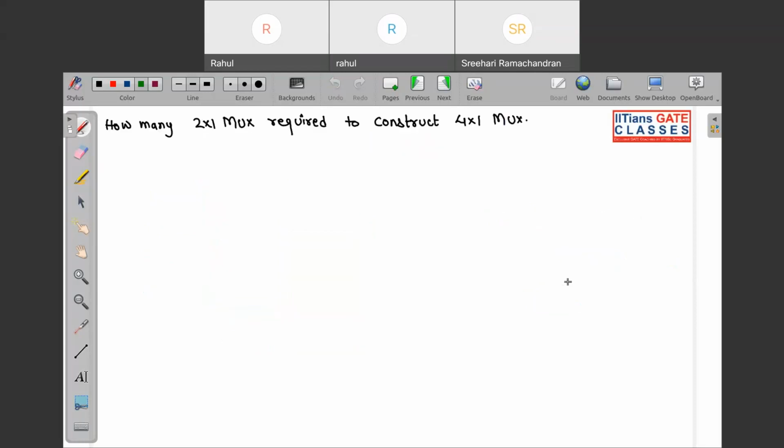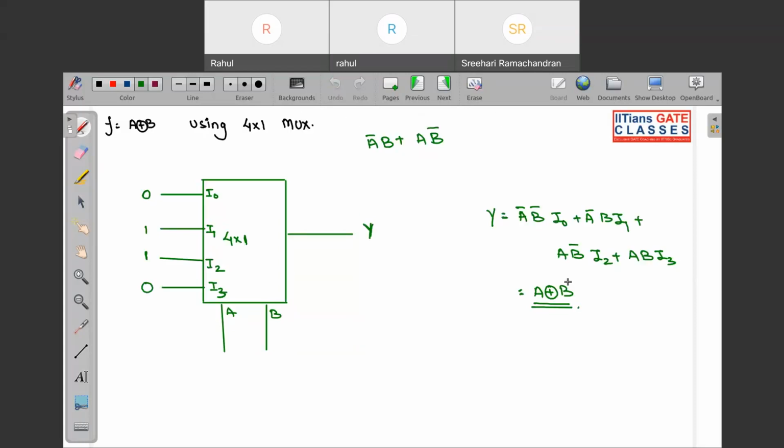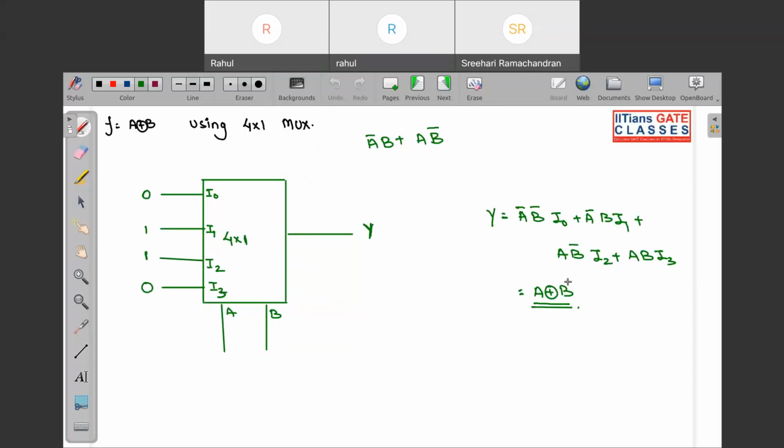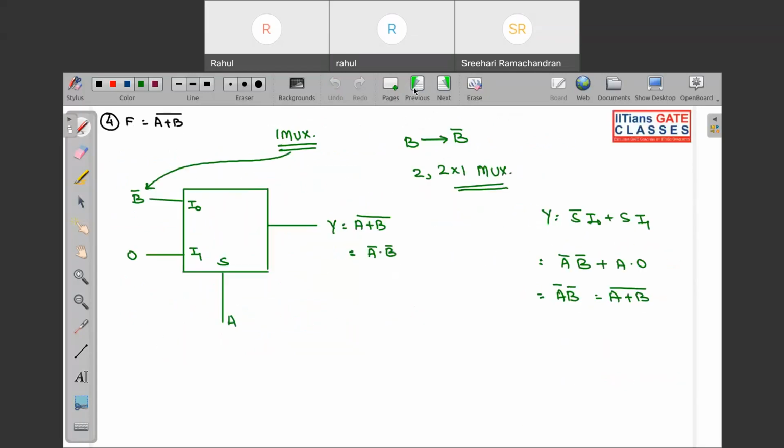Similarly, for A XNOR B, I can do it using one 4 cross 1 mux. Previously, from the NOR operation onward, we required 2 mux for the construction of this Boolean logic.